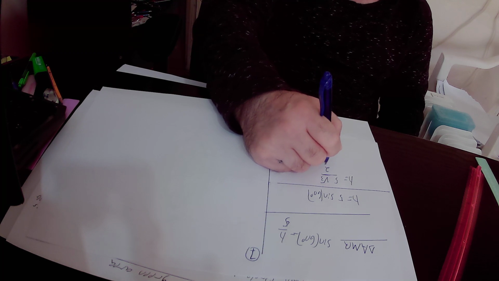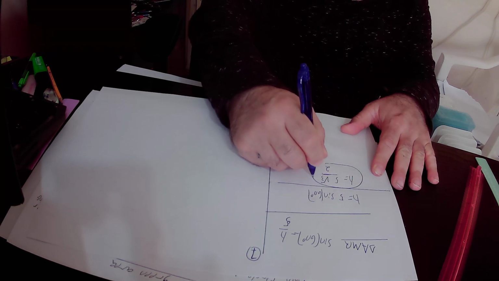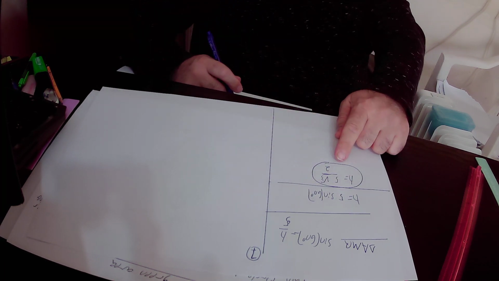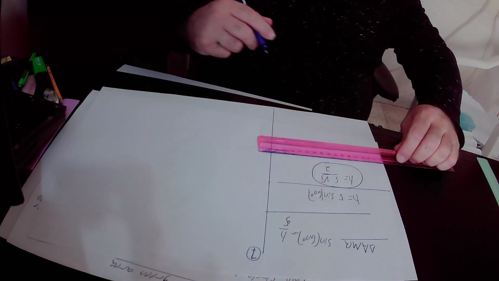So we substitute, and we found out that H equals 5 times square root of 3 over 2.